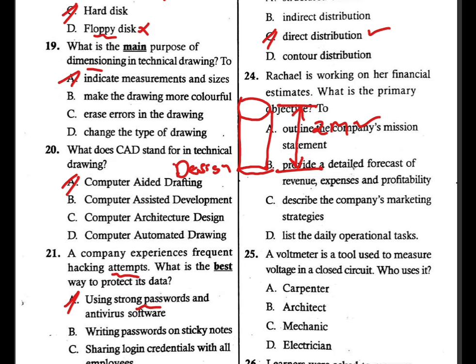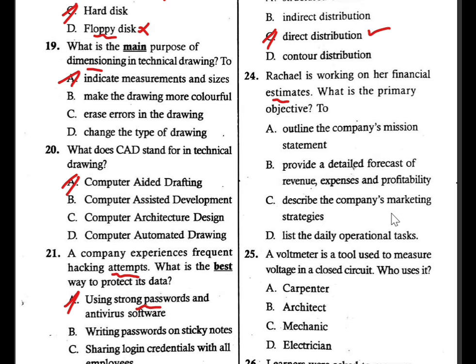Question number 24. Rachel is working on financial estimates. What is the primary objective? So anaangalia financial estimates zake. What is the primary objective? A, outline the company mission statement. B, provide a detailed forecast of revenue, expenses, and profitability.